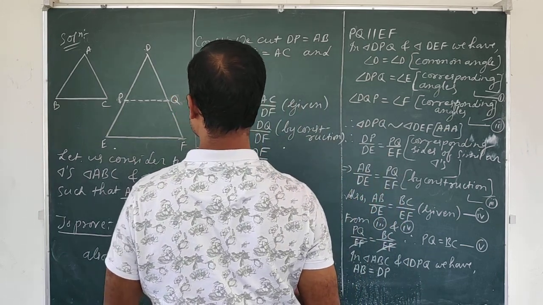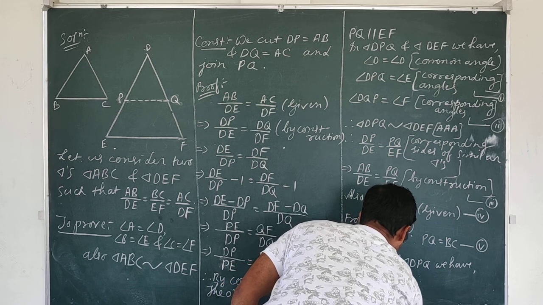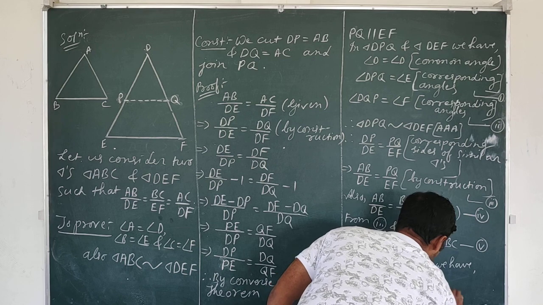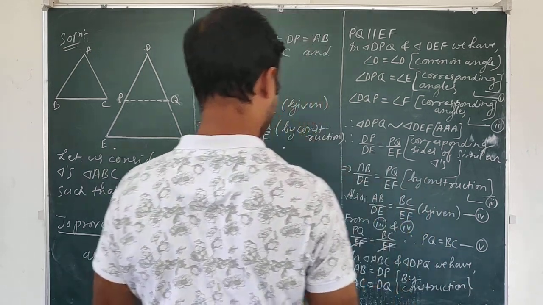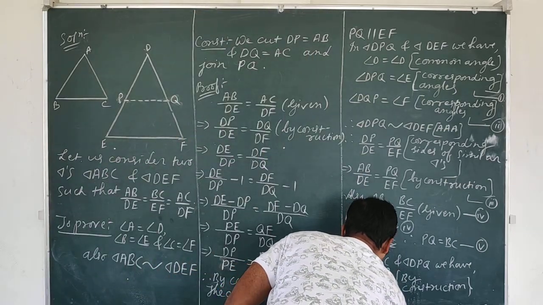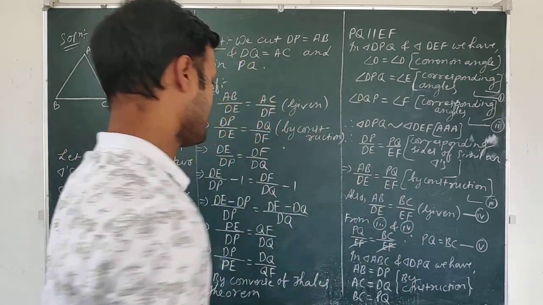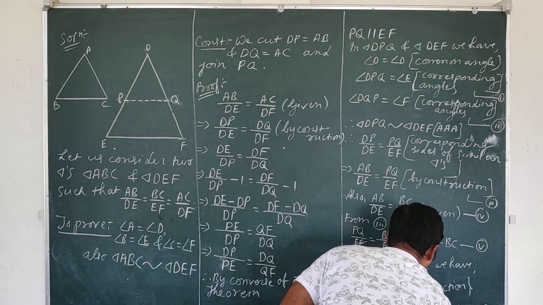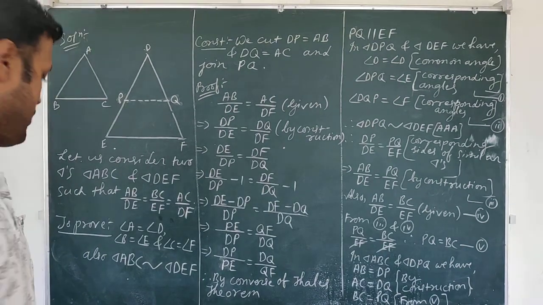AB is equal to DP, AC is equal to DQ, this is by construction, and BC is equal to PQ. This is from 5.